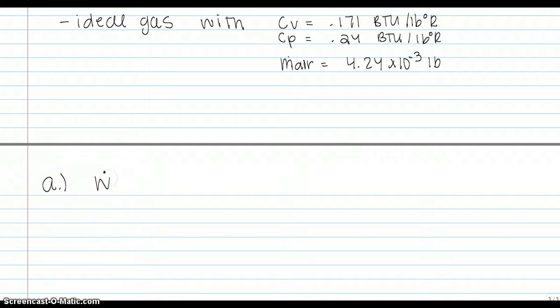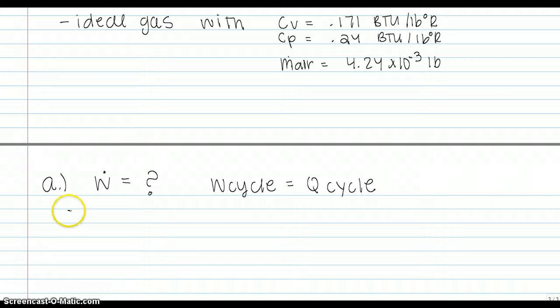We have W is equal to what? We know that work of the cycle is equal to Q of the cycle. So what we need to find is Q from 1 to 2 and Q from 3 to 1.